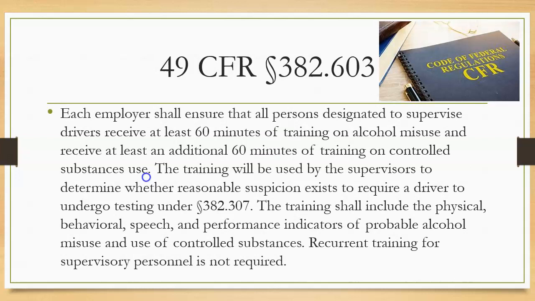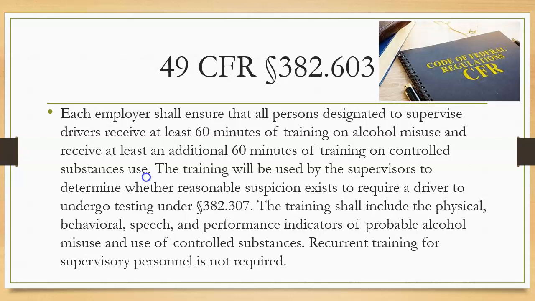In Title 49 of the Code of Federal Regulations, Section 382.603, it states, each employer shall ensure that all persons designated to supervise drivers receive at least 60 minutes of training on alcohol misuse and receive at least an additional 60 minutes of training on controlled substances use.